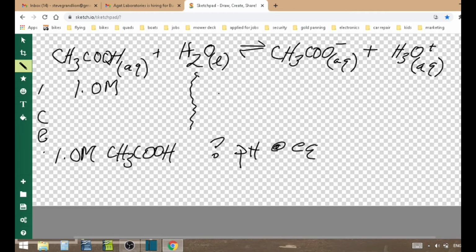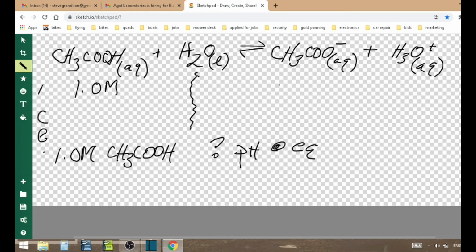Well, if you took half of that liter and examined it, so you dump out 500 mils of that into a beaker, you still have a 1 molar solution. It's still 1 mole of acetic acid for every liter. It's just you have less than a liter. So our starting condition is 1 molar.